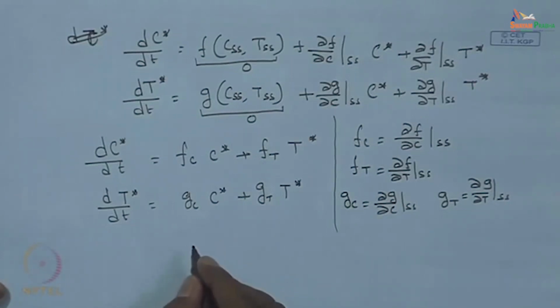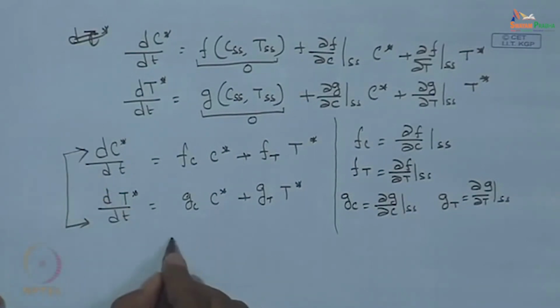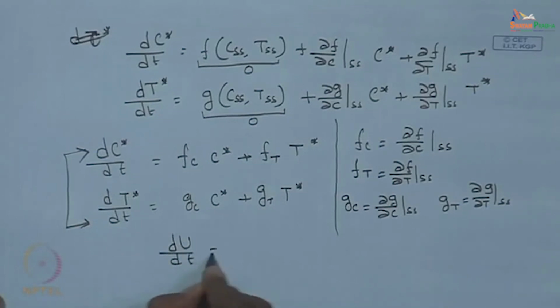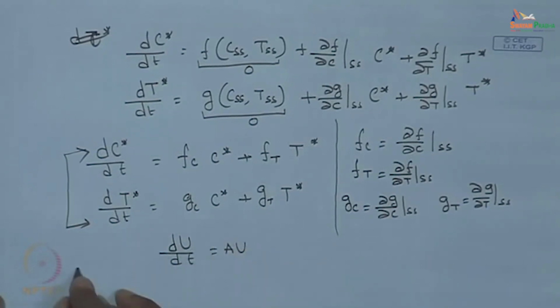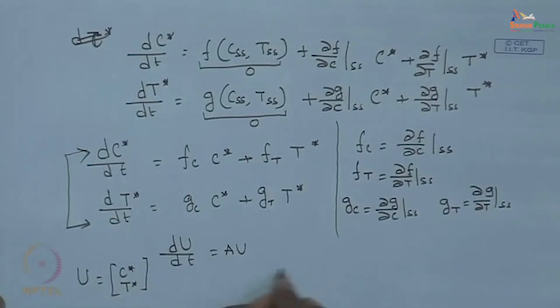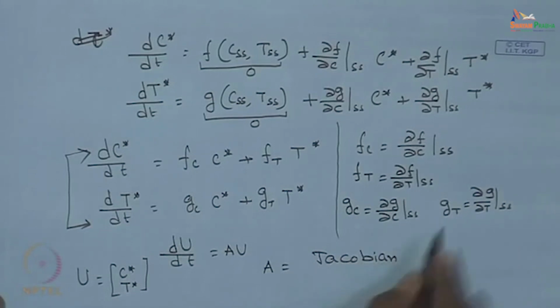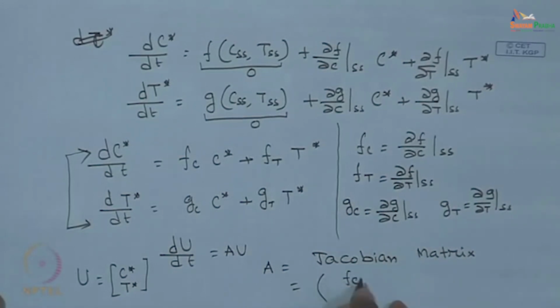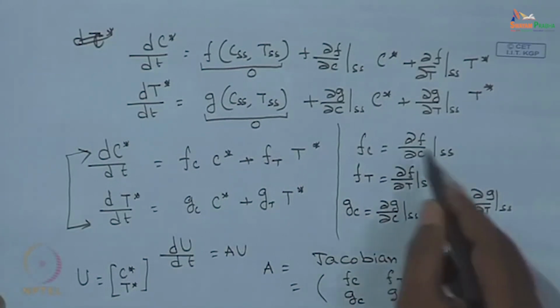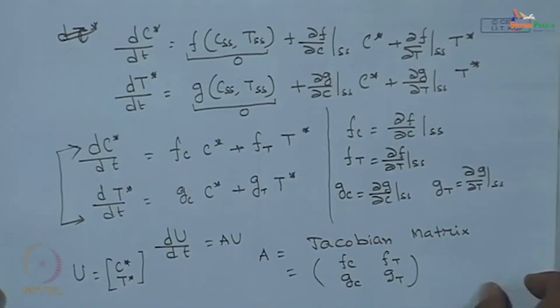So, in a compact matrix notation, these two equations can be written as du/dt is equal to A u, where u is a vector comprising C star and T star, and A is the Jacobian matrix, that is f_c, f_t, g_c, g_t, which are nothing but these derivatives evaluated at the steady state, and that forms the Jacobian matrix.